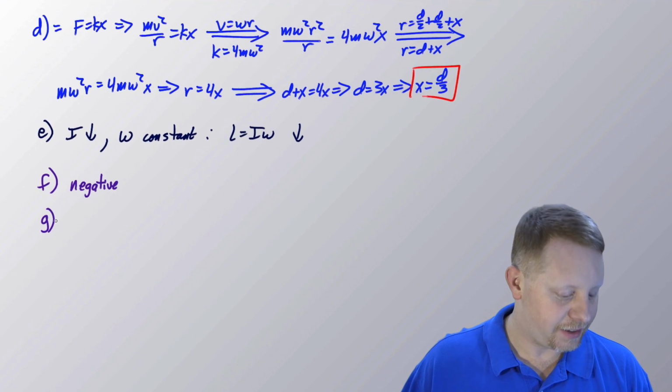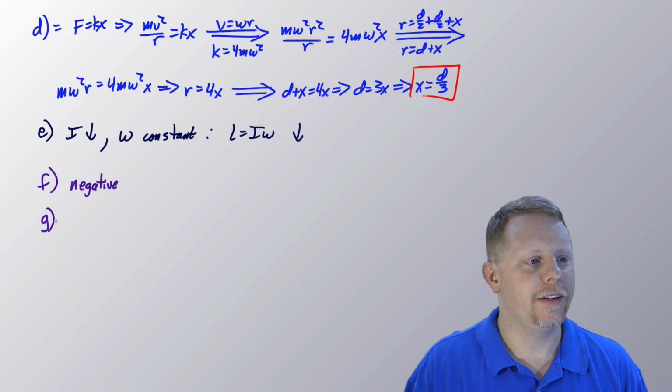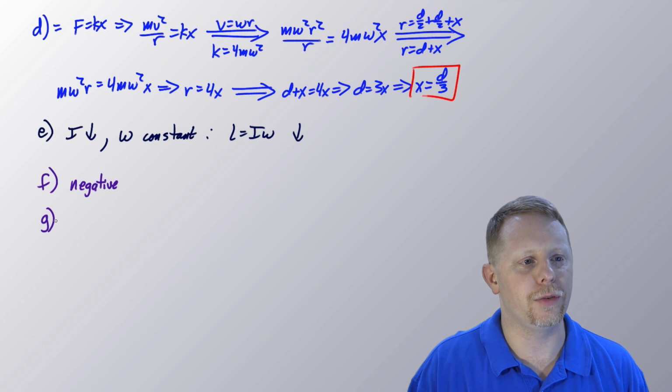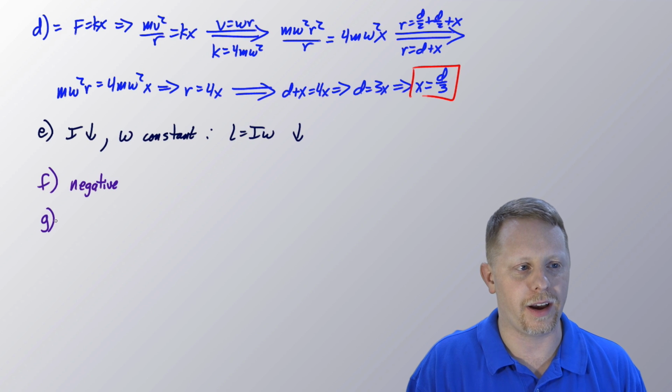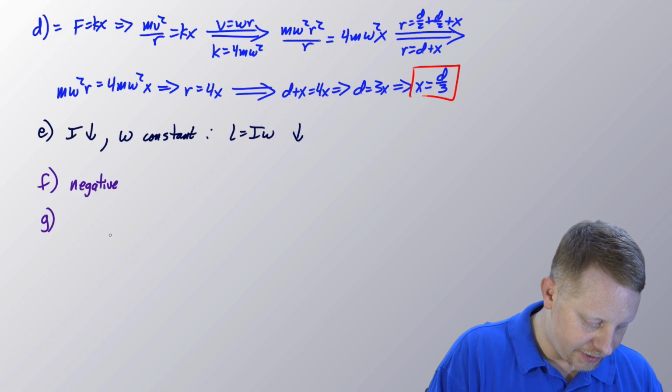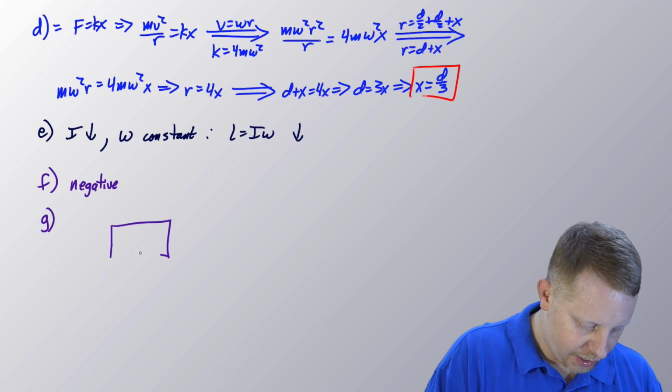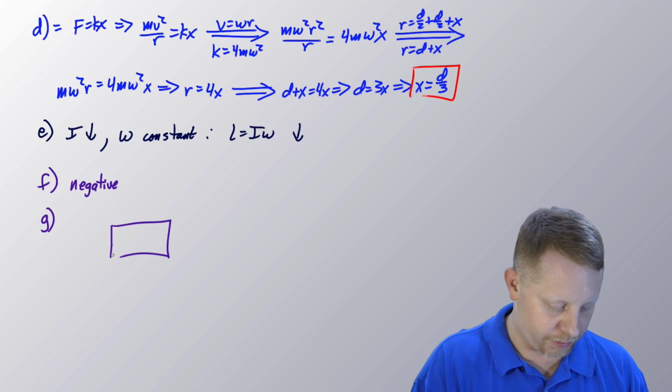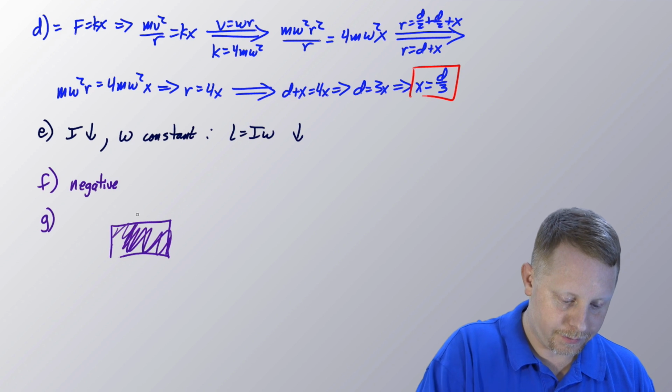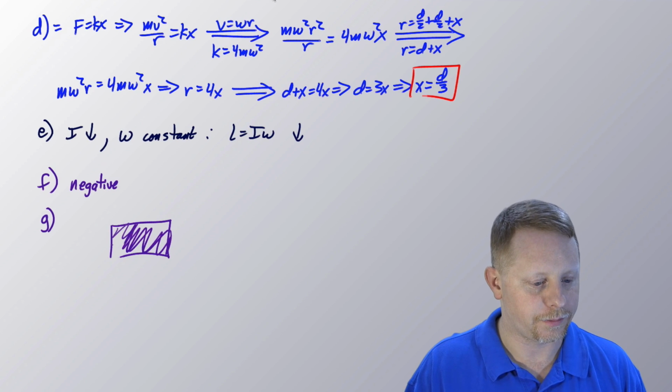And finally, part G. So all of these getting a little bit more into depth, but still nothing too terrible. G says, on the block in the diagram below, draw a single vector representing the direction of the acceleration of the block. Draw it so it's starting on and pointing away from the block. So you've got that diagram, and on that diagram, you've got your block, and you've got to draw the direction of the acceleration vector.